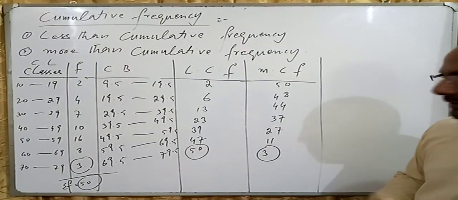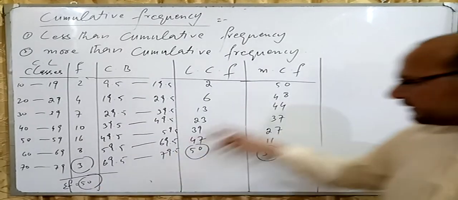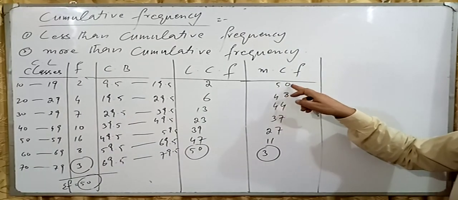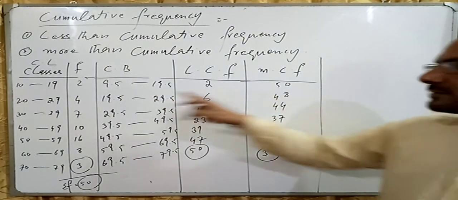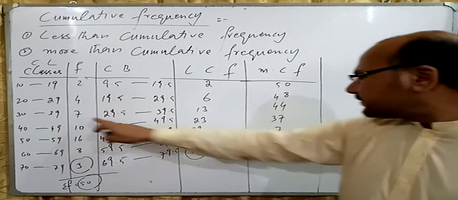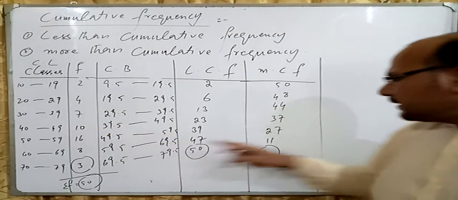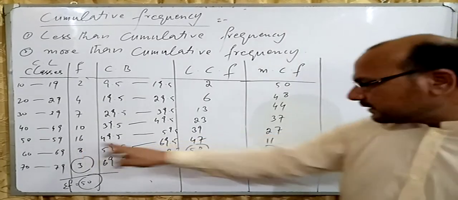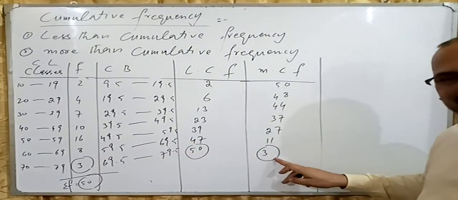Again, you will take the summation of the frequency, that is 50, and then do subtraction. 50 minus 2, 48. 48 minus 4, 44. 44 minus 7, 37. 37 minus 10, 27. 27 minus 16, 11. 11 minus 8, 3.